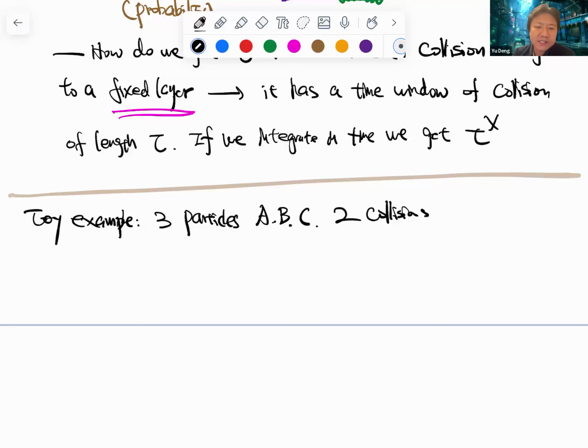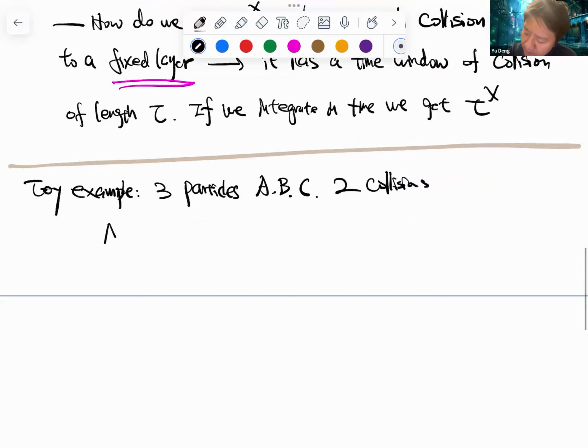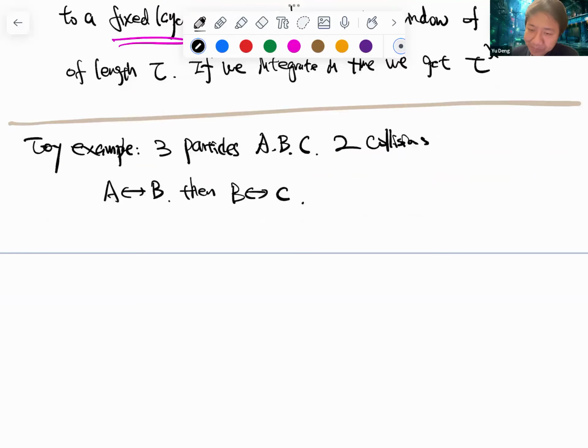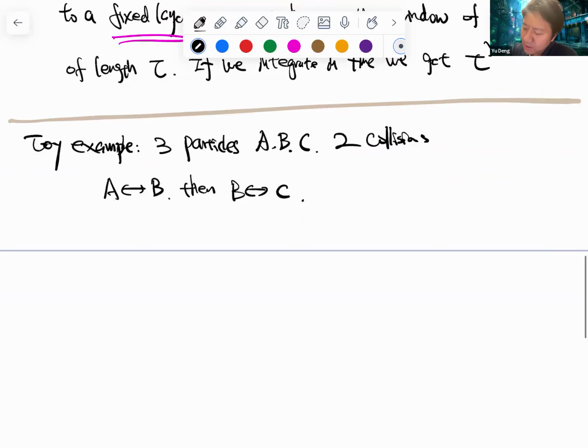So if you have two collisions, let's say A collides with B, then B collides with C. Okay, let's say you have this. Then how to do it? You're talking about probability, right?